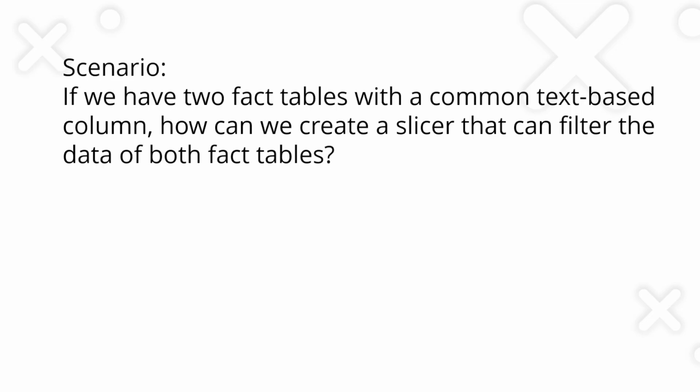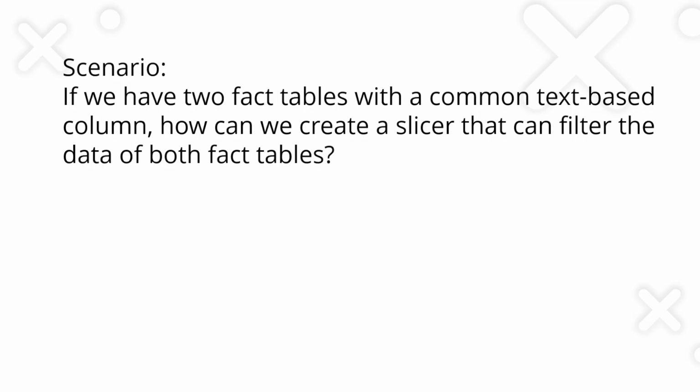Here's a scenario: if we have two fact tables with a common text based column, how can we create a slicer that can filter the data of both the fact tables? So we have two fact tables which have a common column, and the two fact tables are not connected to one another, and with one slicer we want to filter the data from both of these fact tables.